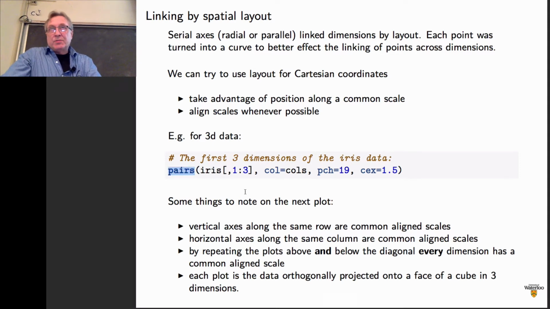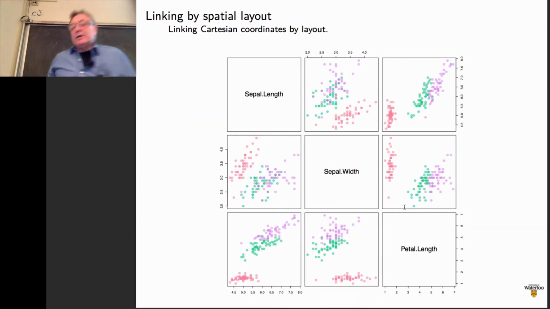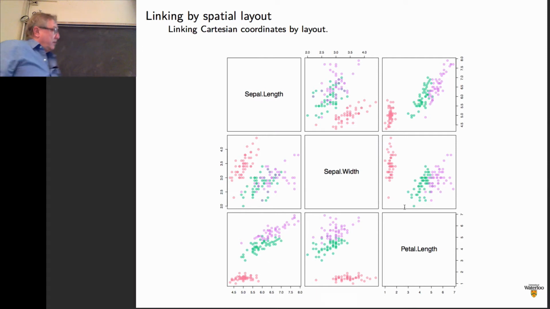The way that's done is to look at all pairs of scatter plots. This is the pairs plot, and it's going to look at all pairs of scatter plots. I'm just going to look at the first 3 dimensions here, and lay it out in this fashion. The linking here is, again, if we look at this top row, the vertical is a common aligned axis.